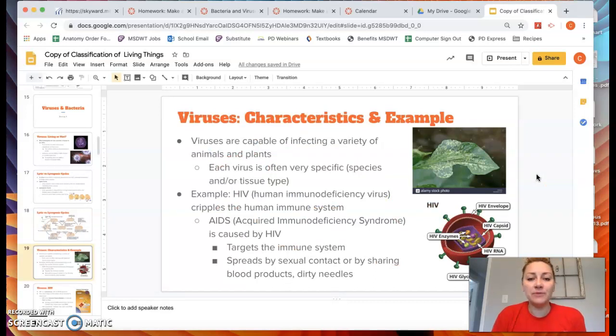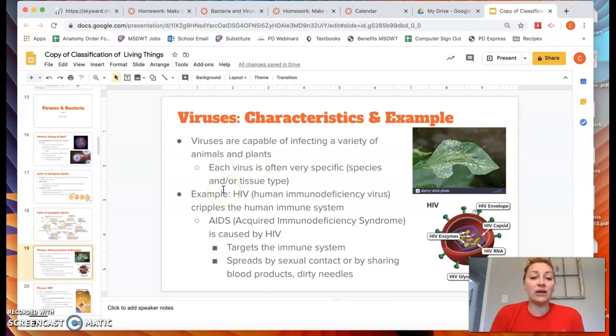For characteristics of viruses, they can infect almost anything. Generally, they are species specific, but what we're finding out lately is that they can change in a way that they can infect more than one species, or once they change from one to the next.